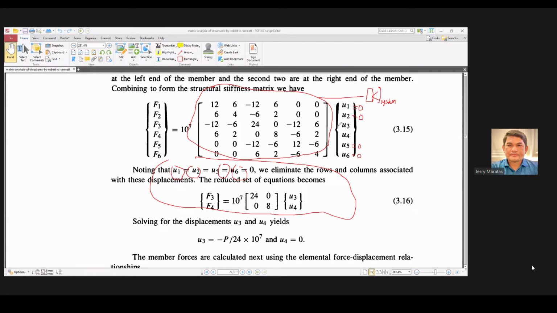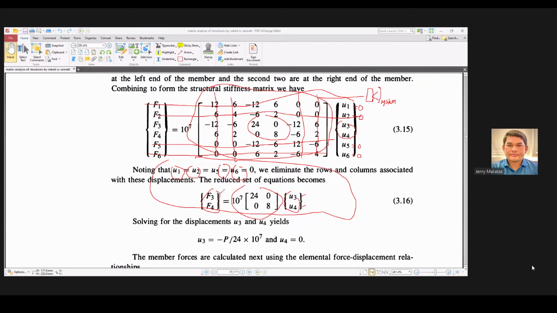So I have to eliminate these, and what is left is U3 and U4. After that, you can solve.